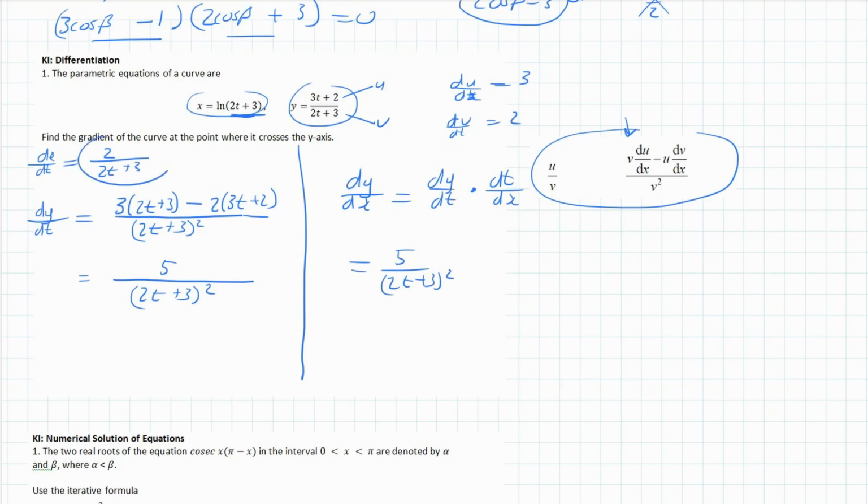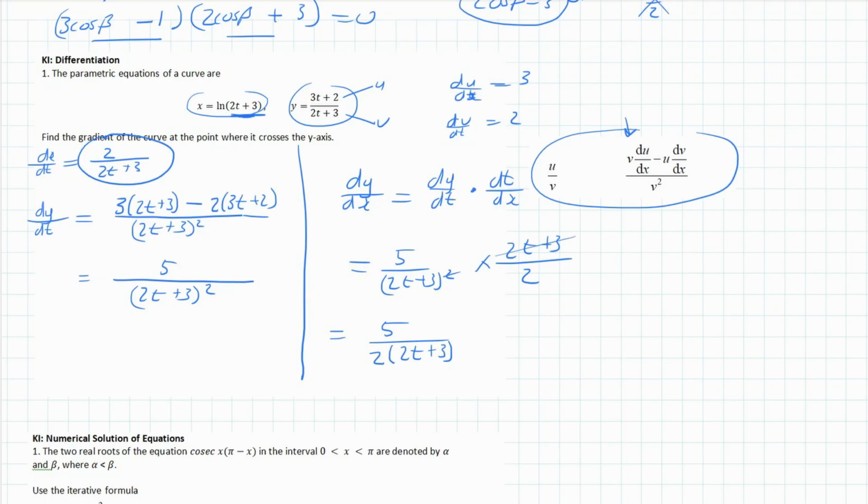Then we're going to take the reciprocal of this one, which is dx dt. So to get dt dx we just flip it. So we get this. And you can see that that's going to cancel one of those. And so we're going to be left with 5 over 2 into 2t plus 3. So we're almost there.